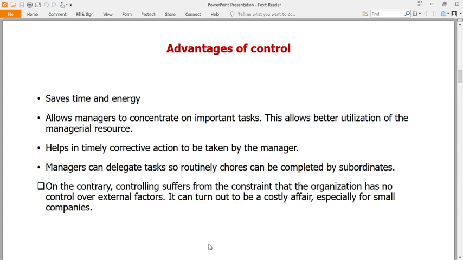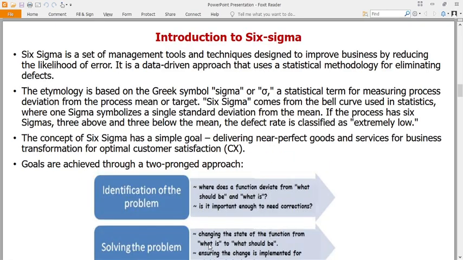Then it helps in timely corrective action. So in case a mistake was going to be done, when you come in to check, you come up with a solution at that level, and it also enables delegation. However, controlling is constrained by other external factors that sometimes, as a manager, you may have no control over.